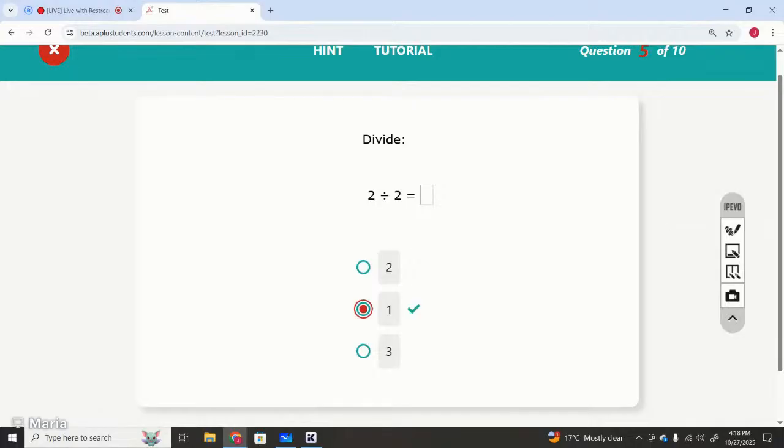Option number 2 is the correct option because 2 times 1 is 2.